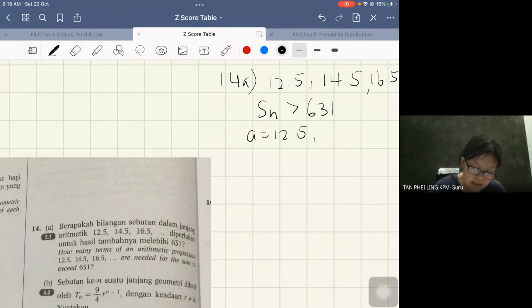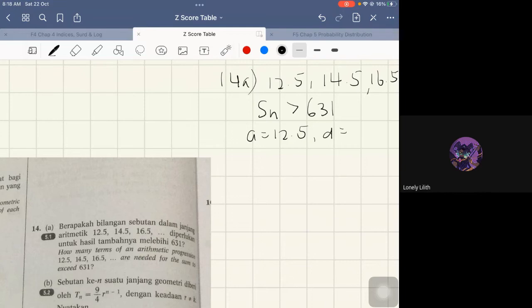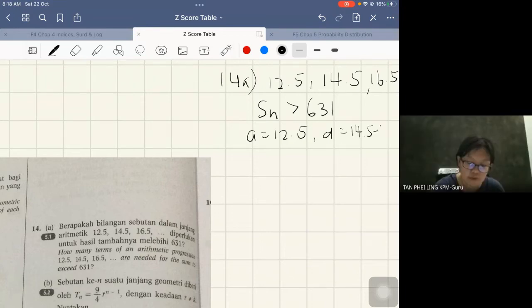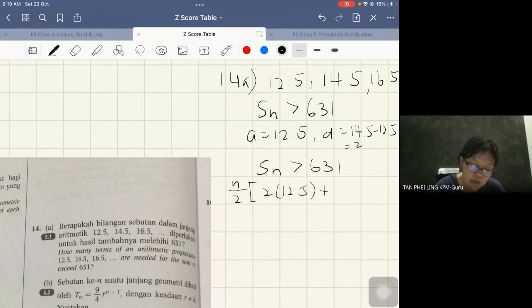The d we can find here, it's 14.5 minus 12.5, you get 2. So Sn is n over 2, and then bracket 2 times 12.5 plus n minus 1 d, which is 2, and it's bigger than 631.